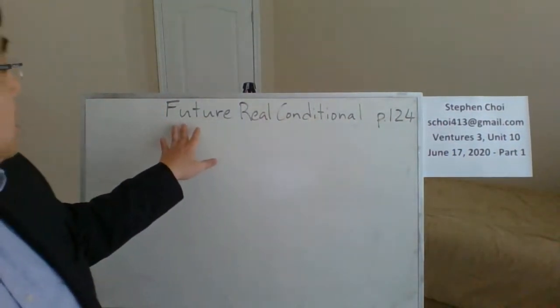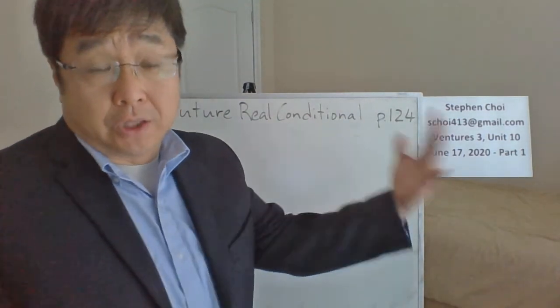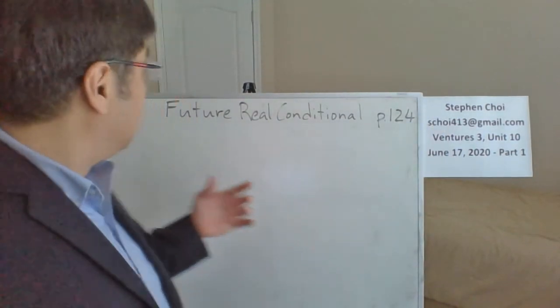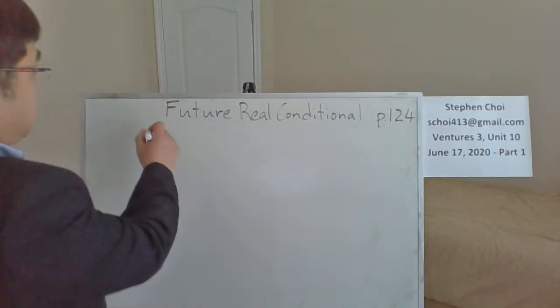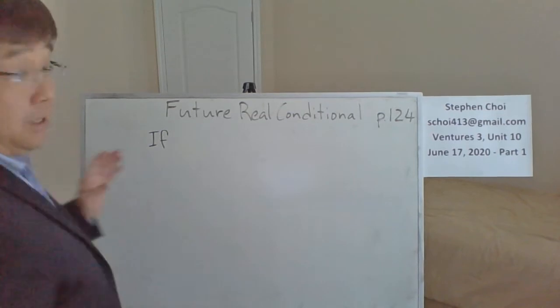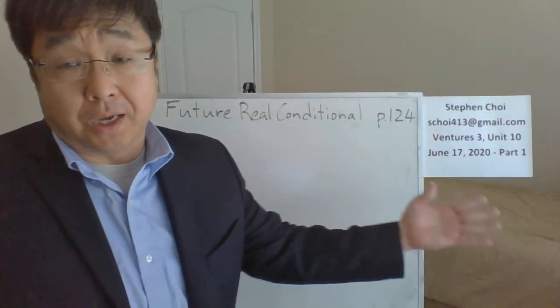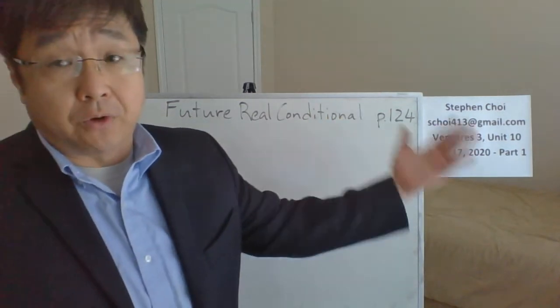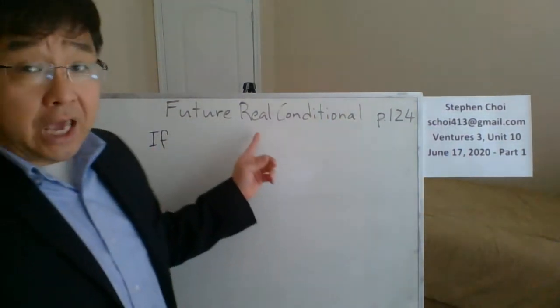Obviously we say future because we're going to talk about ideas about the future, and we say it's conditional because we use the word if. If something happens, then something will happen. So that's the condition. And we say it's real.